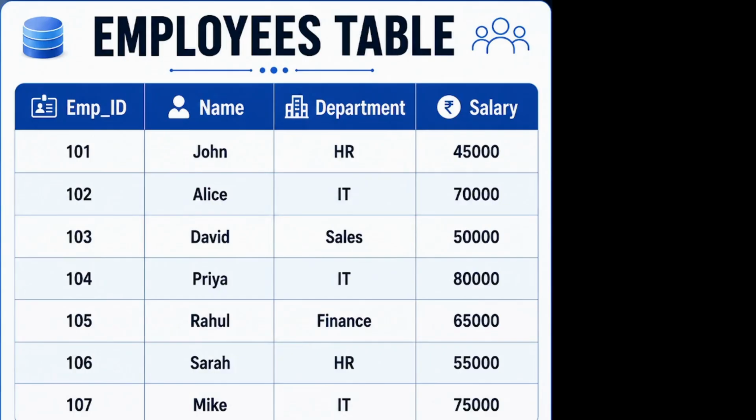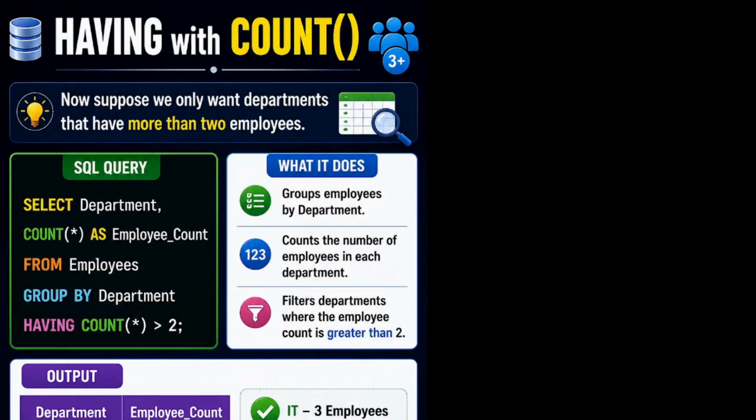Let us consider this table where we have EMP ID, name, department and salary. I have added one more column called city. So let us see the example of how to use the having clause with MySQL Workbench. First we will see how to use having clause with the count function.